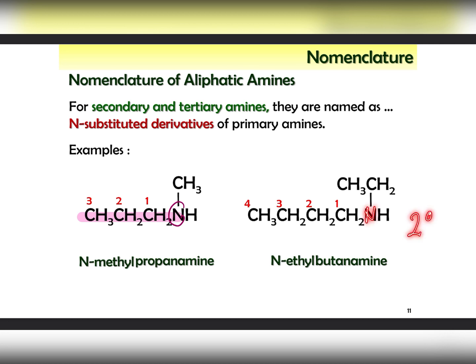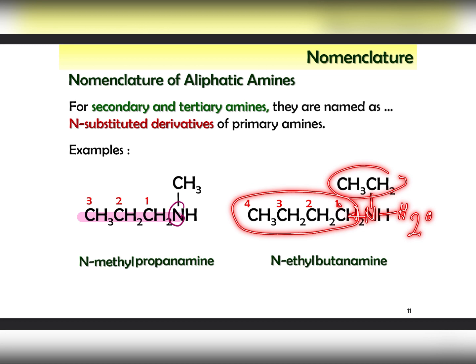So the nitrogen is bonded to hydrogen, CH2, CH3, and another bond with CH2, CH2, CH2, CH3, which is 4 carbons.